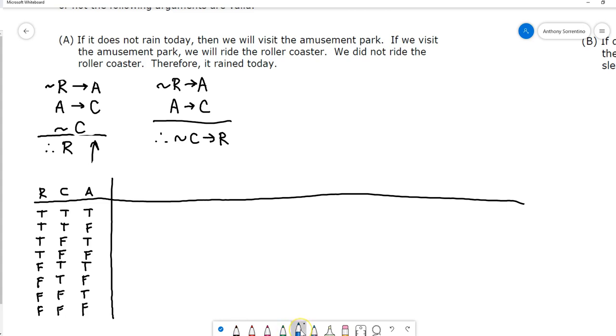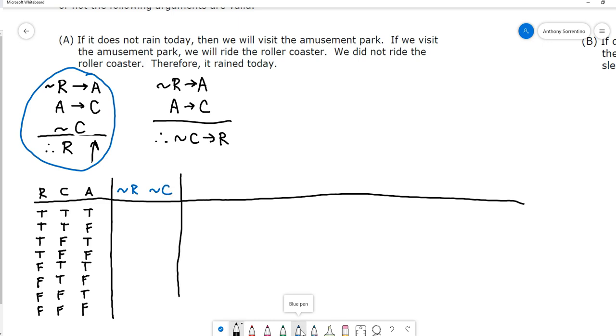Because I'm going to be using the left-hand one primarily, in either case I'd have to know what not R is and not C. And it's better to write them out instead of trying to do them in your head, because these are not really hard things to do, mind you, because this one's just doing the opposite of everything that's over here. So I'm going to have false, false, false, false, true, true, true, true.